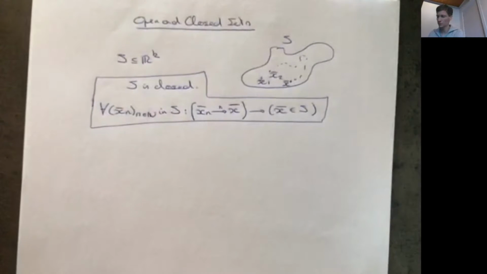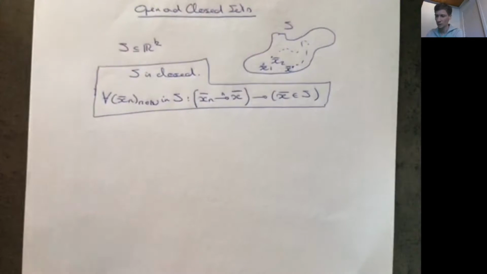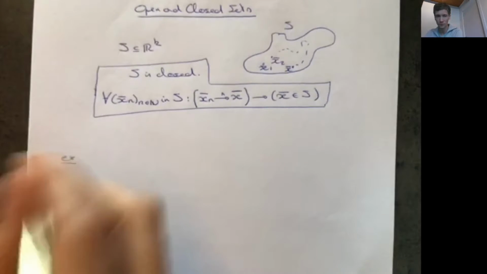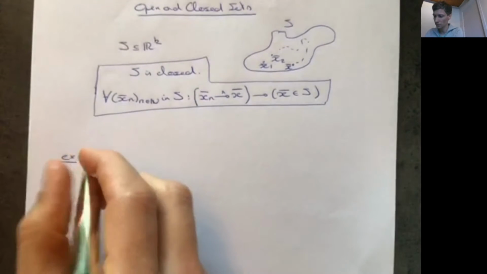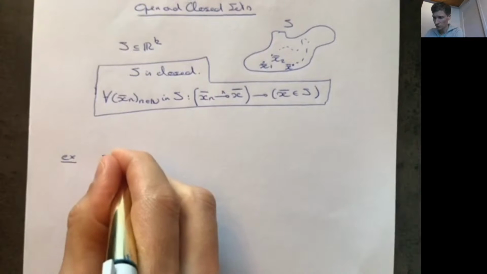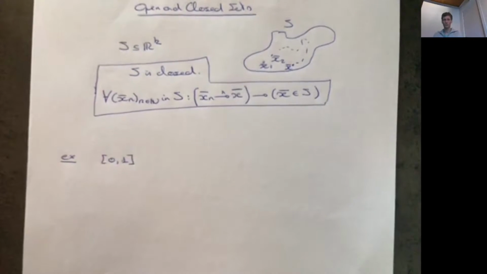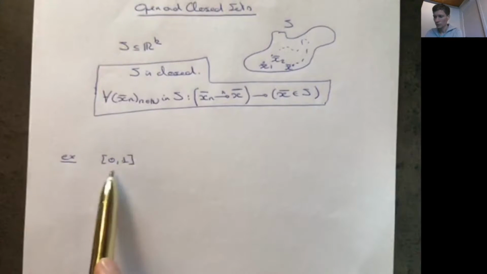of a closed set. So let me give an example of how we can use this definition to show that a particular set is closed. For example, take the closed interval [0, 1]. We would like to show that this interval is closed. So how do we do it?